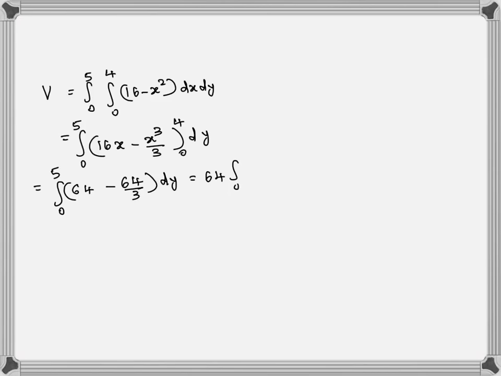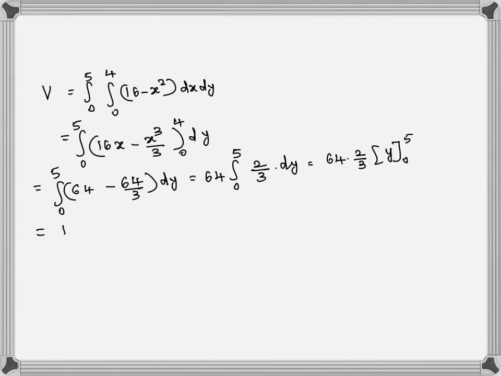Now 64 can be pulled out. So 64 times the integral 0 to 5 of 1 minus 1/3, which is 2/3, dy. Just 64 times 2/3, integral of 1, that will be y between 0 and 5.